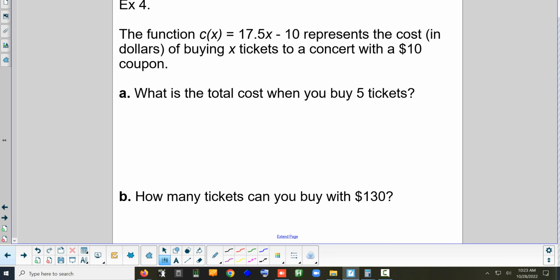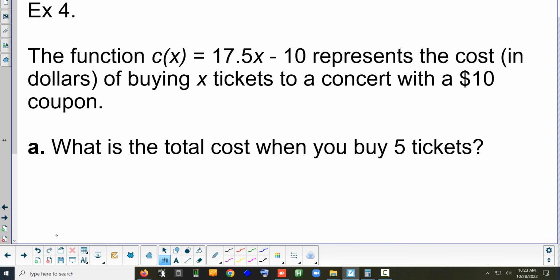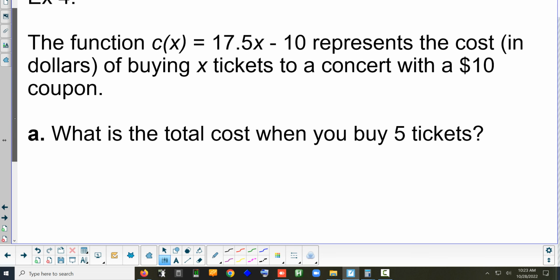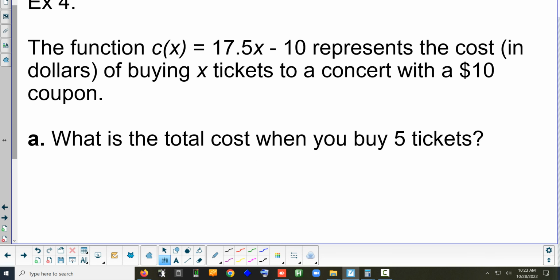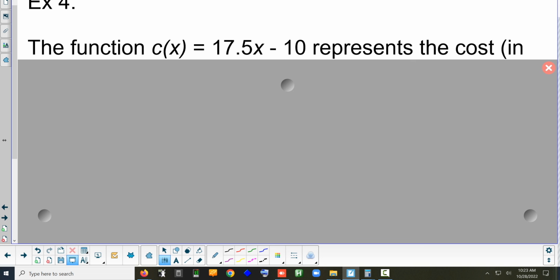All right, last one. Let me see if I can make that fill the page. There we go. All right, so before we even read the whole thing, what's the name that they're giving to this formula? Natalie?